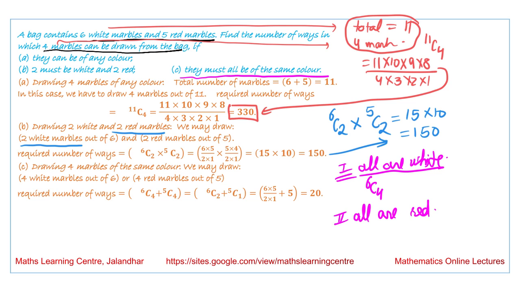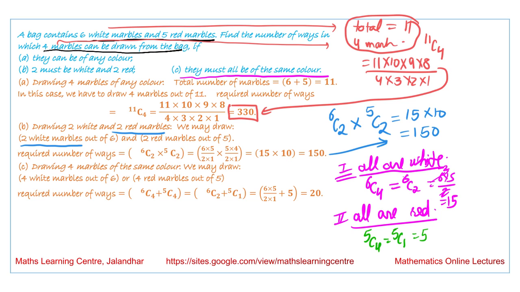The answer for 6c4 is 6c2, that is equal to 6 into 5 by 2. So we get 15. And all are red: out of the 5 marbles we have to choose 4. So it is 5c1 that is equal to 5.